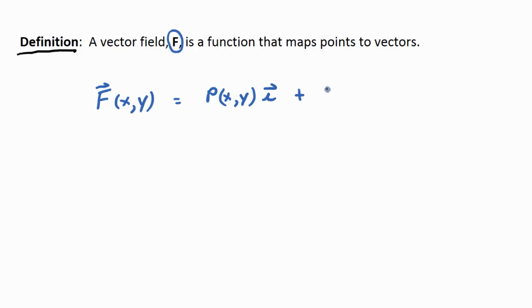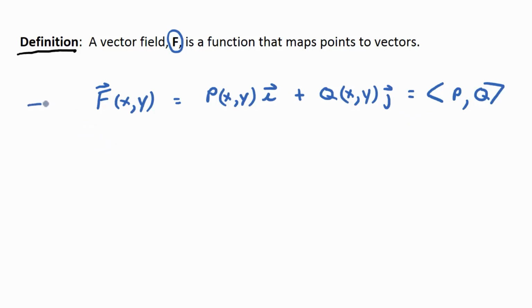We could call that Q of x, y times j. Or you'll often see me write it without the function notation, just in component form, saying P comma Q, with the understanding that P is a function of both input variables and Q is a function of both input variables. And so we're mapping just a point to a vector, and we really do think of that vector as an arrow here.